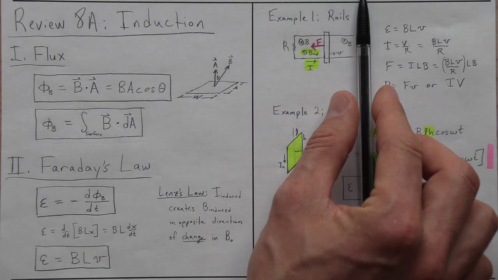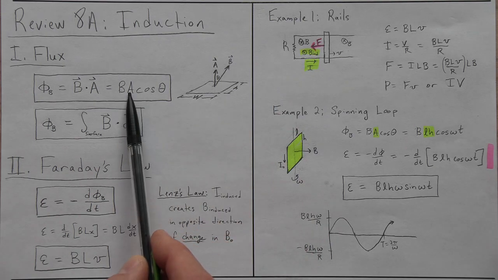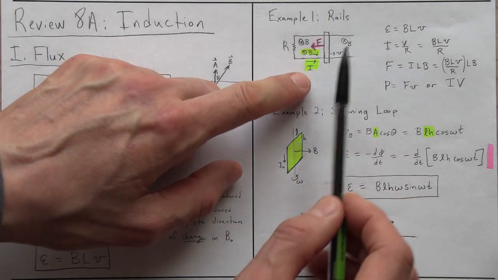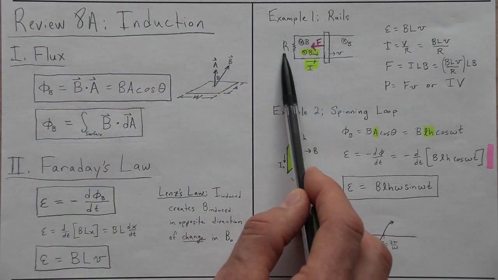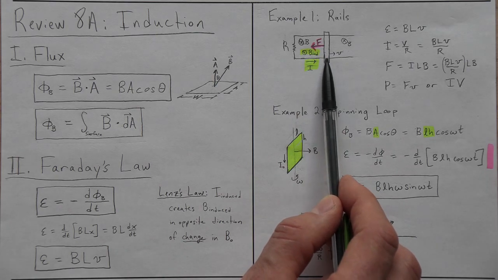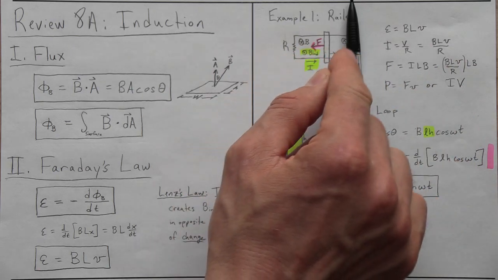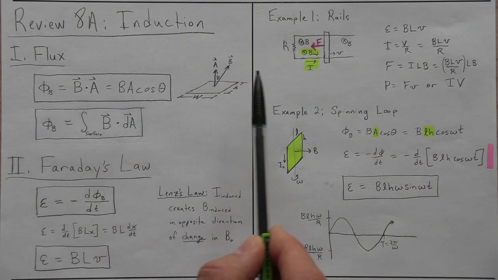As I slide this bar, the B is not changing, but the area is. You might be saying, how am I changing the area? Well, the area here is between the bar and these wires right here. That's the area that the magnetic field is going through. When I slide this bar to maybe over here, now I've got a bigger area through which the magnetic field goes. So I am changing the area, I'm changing the flux.